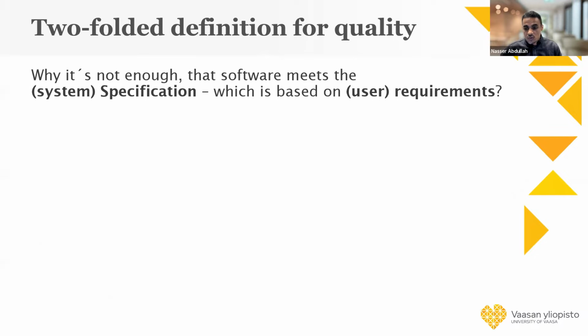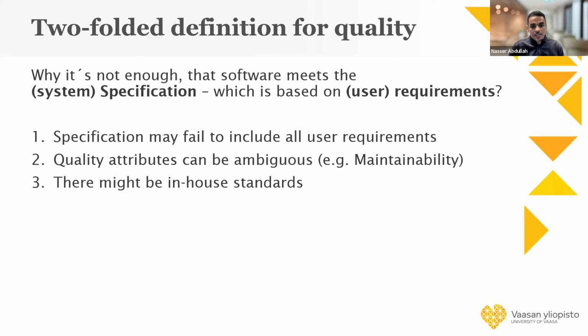So the question is why we have two parts. Why do we have to satisfy the system requirements and also the user requirements? There are three reasons for this twofold definition. Actually, the errors can come from the requirements.